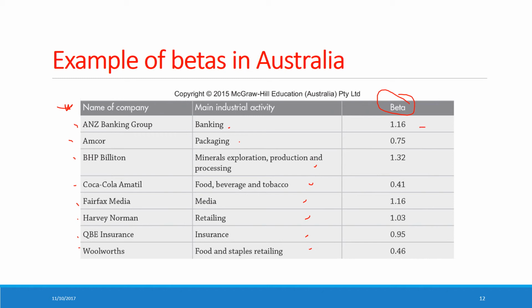And the numbers here show the sensitivity of each of the assets to the market portfolio, right? So if beta is larger than 1, that means the asset is more volatile compared to the market, right? Whereas with a beta that is less than 1, the asset is less volatile compared to the market portfolio.